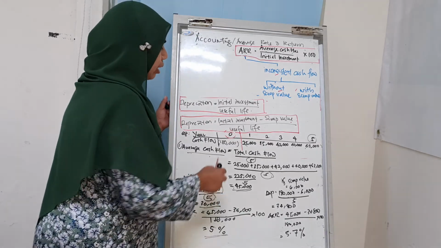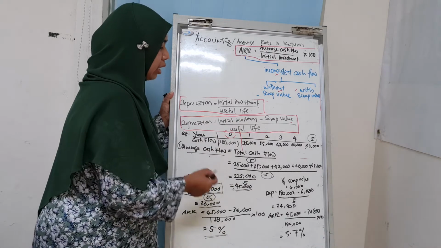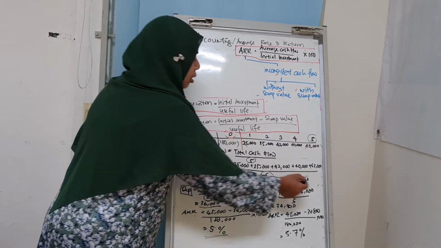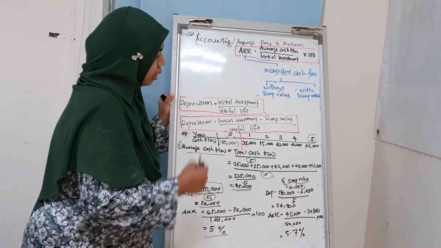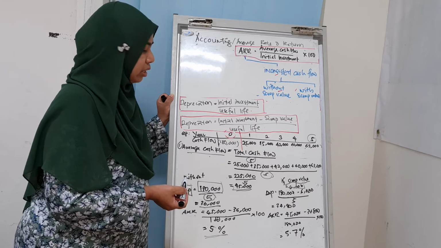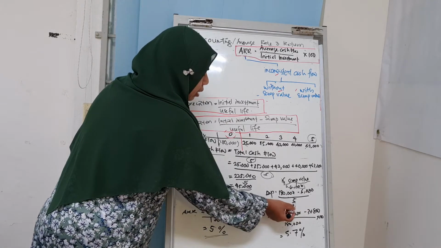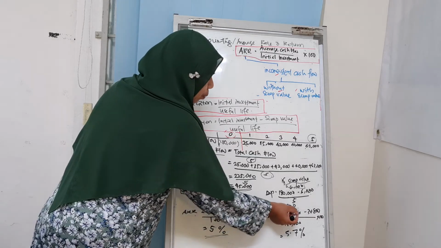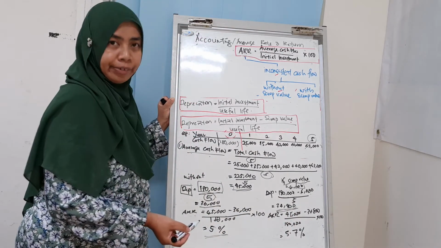Okay, alright. Let's see in this question, they state that the scrap value is 6,000. Then you have to calculate the new depreciation, which is 180,000 minus 6,000 divided by 5. So the depreciation is 34,800.